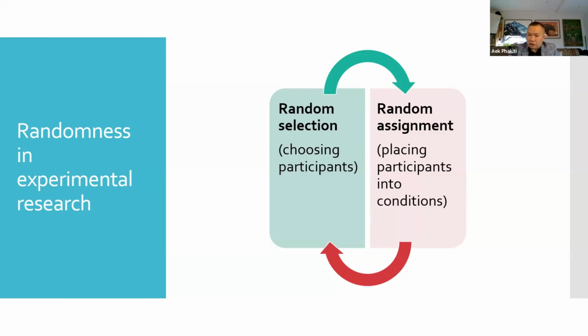Random selection would be something like this: there are a lot of people out there, but you can't have all of them. An example is survey research. When you do survey research, you want a sample that represents the population, but you can't have the whole population. That's a census; if you have the whole population, it's called a census. But if you can't, you do random selection of people to represent it.